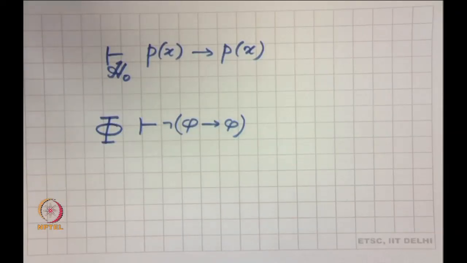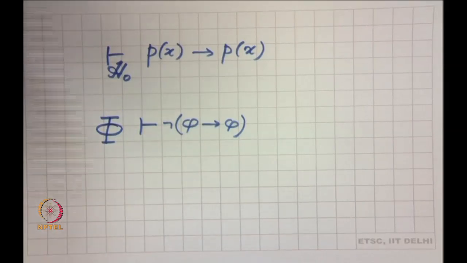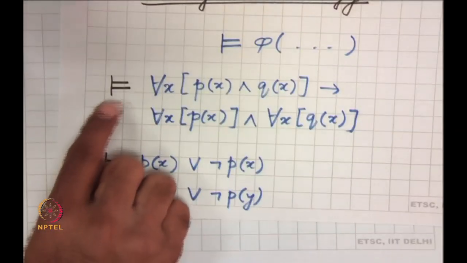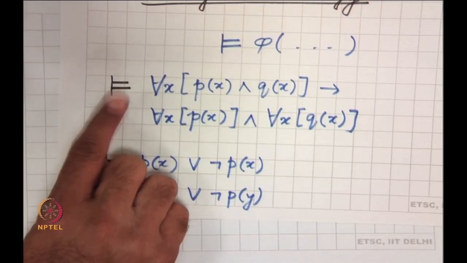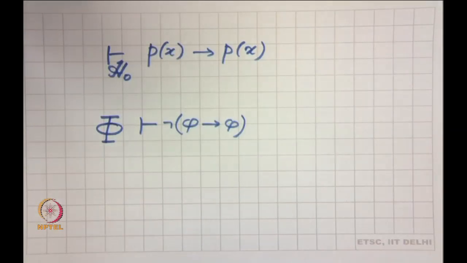Okay. So, notice the use of these symbols are all very important. This is a model theoretic symbol, logical validity, but provability is a proof theoretic symbol. So, you have to distinguish between the two.